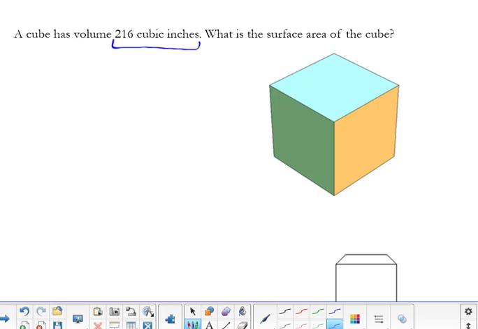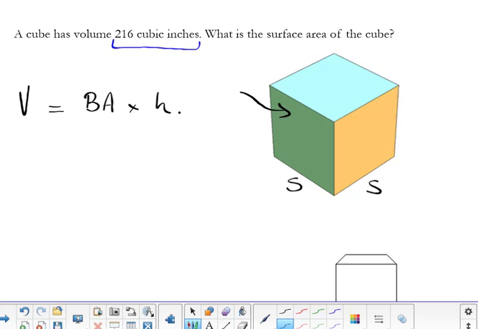Well, we've got a couple of things we need to do. So let's go back and just review something about volume. Back in grade 8 and grade 9, in math, you looked at volumes of rectangular prisms. A cube is an example of a rectangular prism. It's like a box. Volume, if you remember, was just BA, the base area, times the height. Now, the interesting thing about a cube is that all the sides are equal in length.